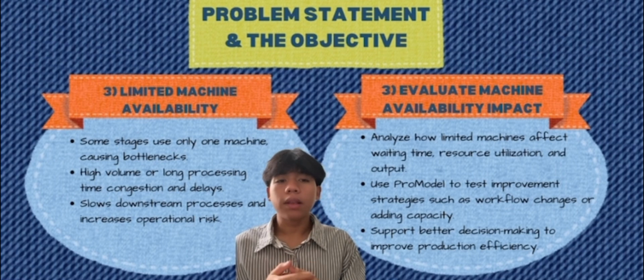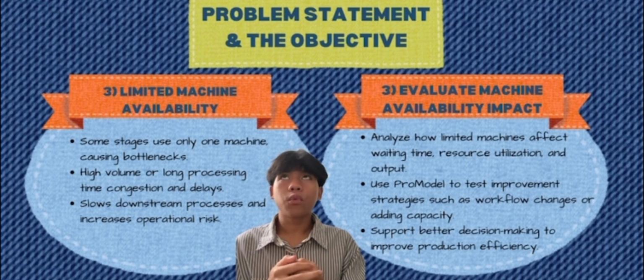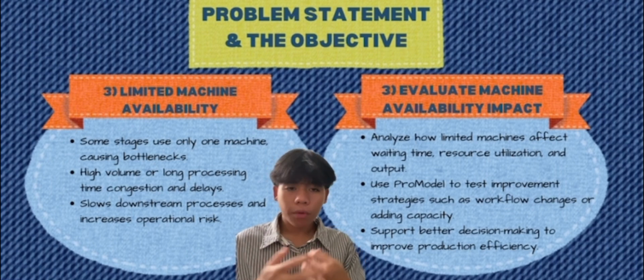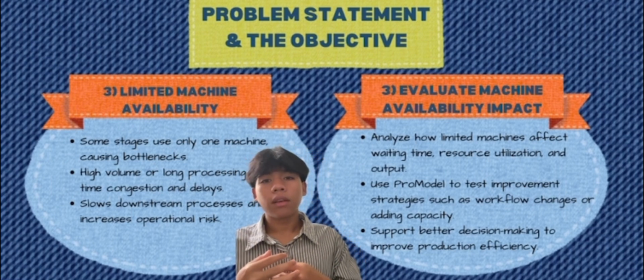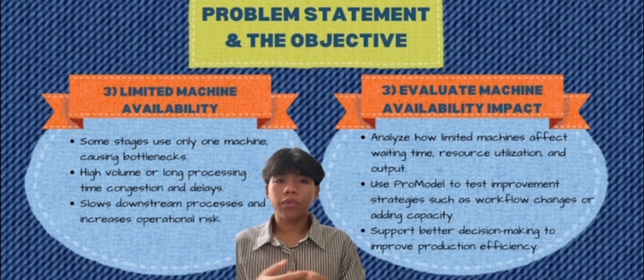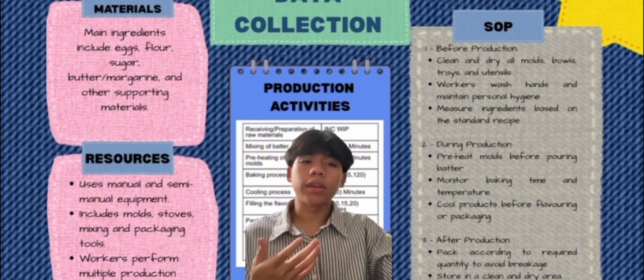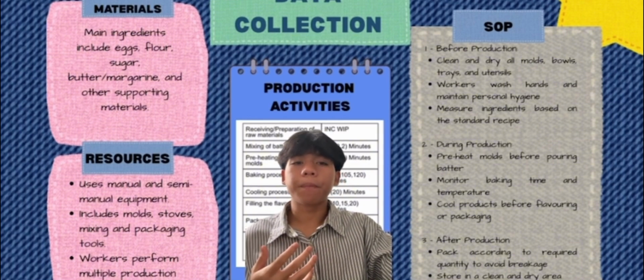For example, we can study what happens if we change the workflow or add more capacity. From this analysis, management can make better decisions to improve efficiency. Now let's move to the data collection part.